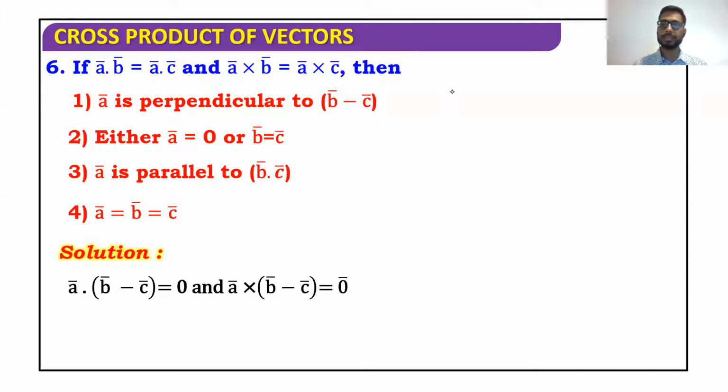Similarly for the cross product. And now the multiplication of these two terms, a bar dot b minus c, is 0. That means either my first term should be 0 or my bracket term should be 0. So if my first term is 0, that means a should be 0, or if my second term, that is my bracket, is 0, which means b minus c should be 0. If b minus c is 0, b should be equal to c. Therefore, the option is the correct answer.